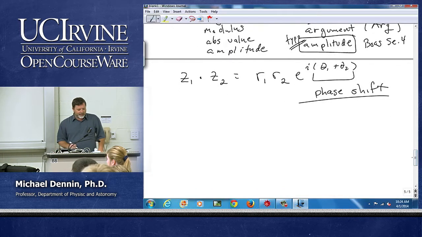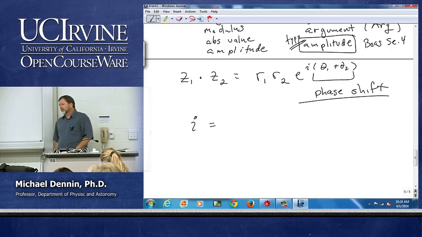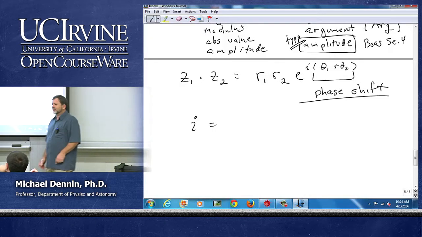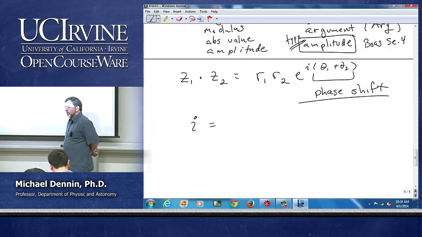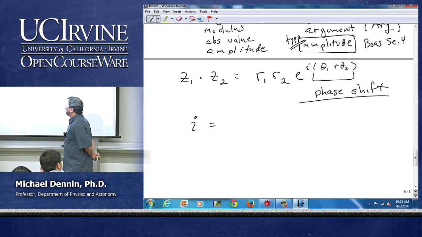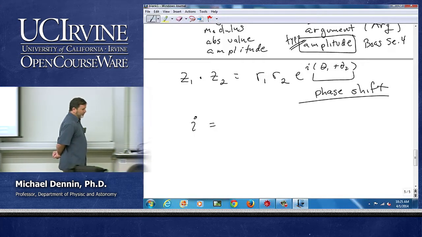And one of the things to get used to is, for instance, what is the complex number i in polar notation? No, that's in Cartesian notation. 0 plus i1 would be Cartesian notation. What is i in polar notation in r e to the i theta? e to the i pi over 2.